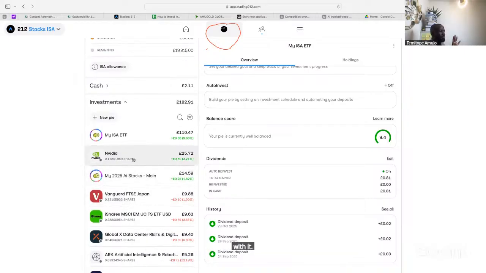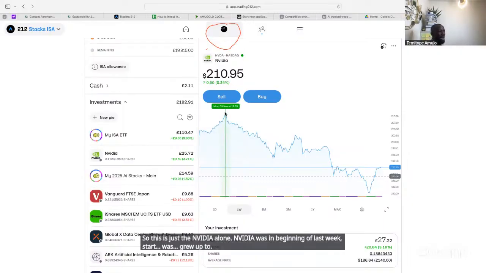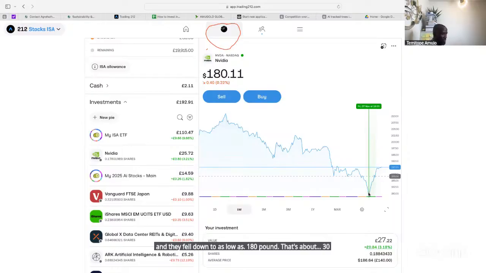I have one package that is just NVIDIA alone. NVIDIA, in the beginning of last week, grew up to £210 per share. Then they fell down to as low as £180. That's about £30 shortage in just a week.